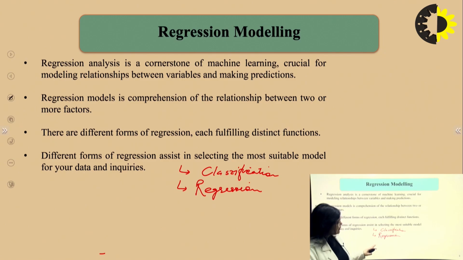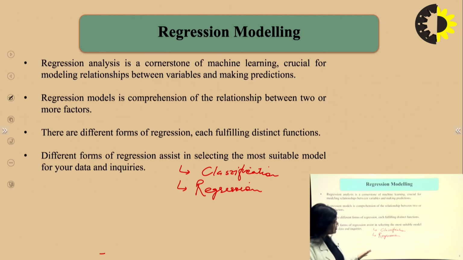So in case of classification, we already have a list of classes or categories, and we have to simply decide which category the given input belongs to. While in regression, we have to predict what output value the given input is going to have.